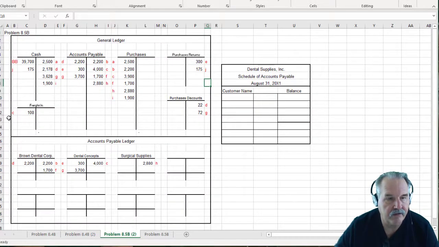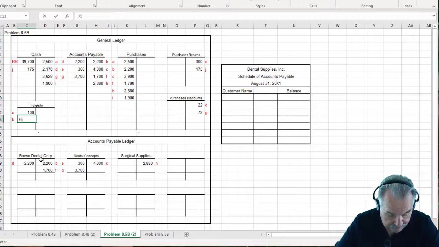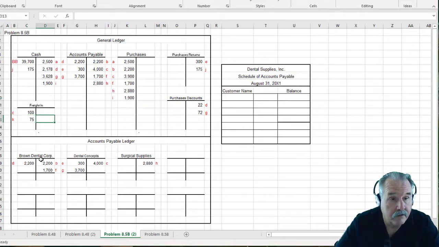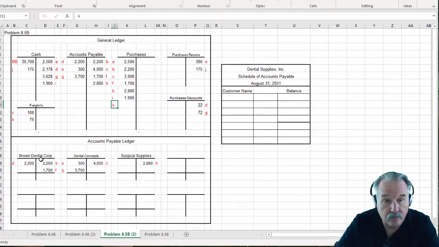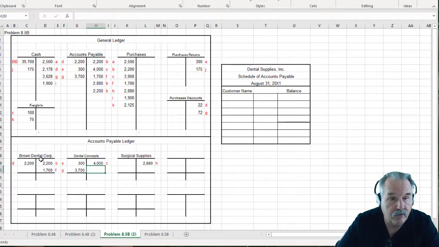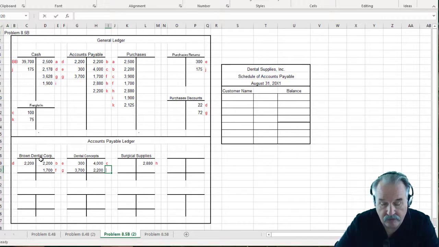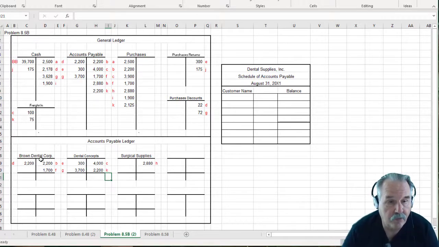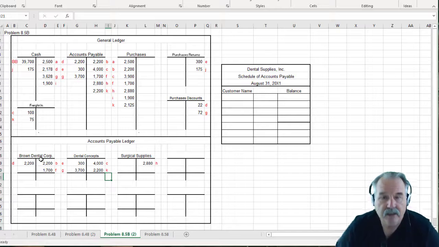Debit freight. This is transaction K. Debit freight for $75. Debit purchases for $21.25, and credit accounts payable $2,200. Transaction K. So we're going to post that to the ledger for Dental Concepts.